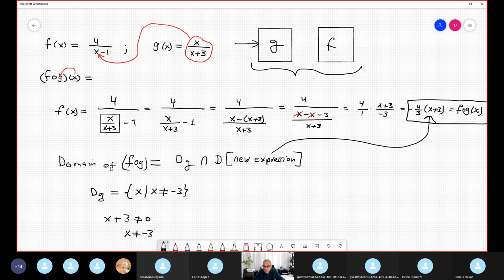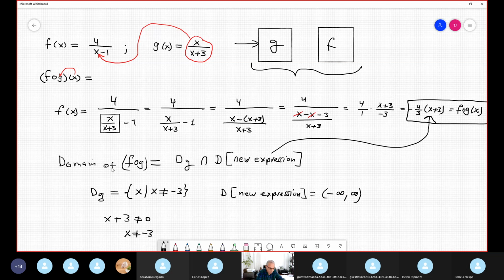Well, the new expression is a linear expression. It's a line. We have no division. We have no square root. The domain is all real numbers. Now intersection.